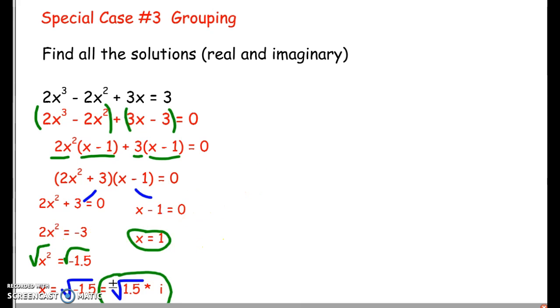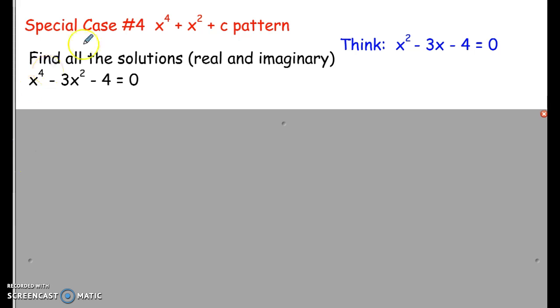So our second part of the day is a new factoring case, and it happens when there are three terms that go x to the fourth, x squared, and then a constant. How we factor this is really similar to the example I have over here in blue.